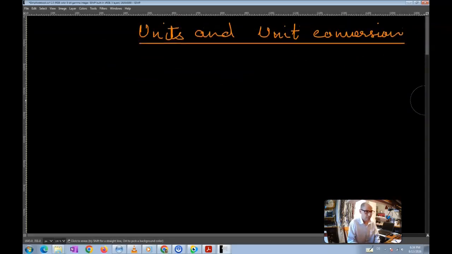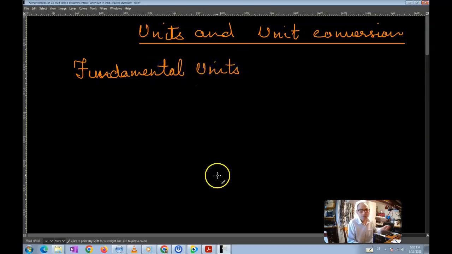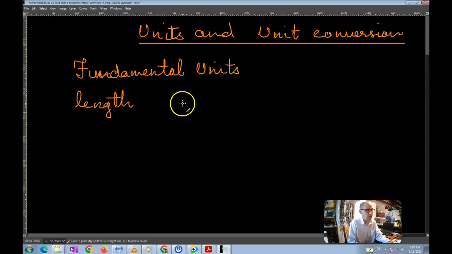And these three units that we have are the fundamental units. Or you could call them the fundamental quantities. The fundamental quantities are length, mass, and time, right?